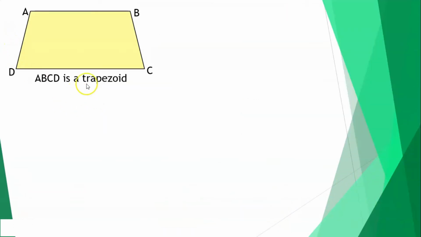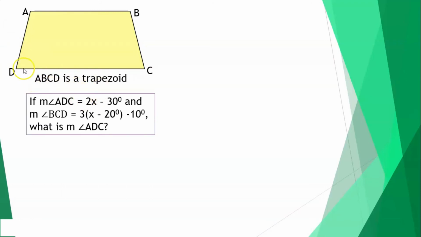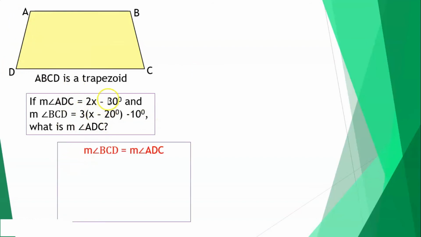Okay, another. Now, we have here a trapezoid ABCD. If the measure of angle ADC is 2x minus 30 and BCD is 3x minus 20 minus 10, what's the measure of angle ADC? Take note here, angle BCD, or angle C, and angle D are congruent because they are base angles.